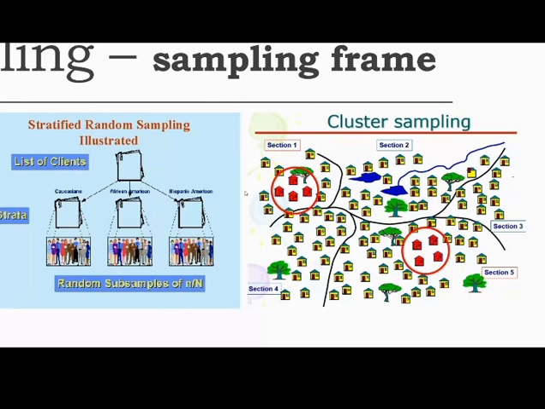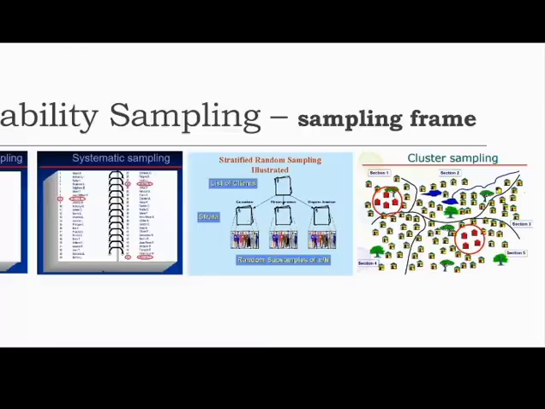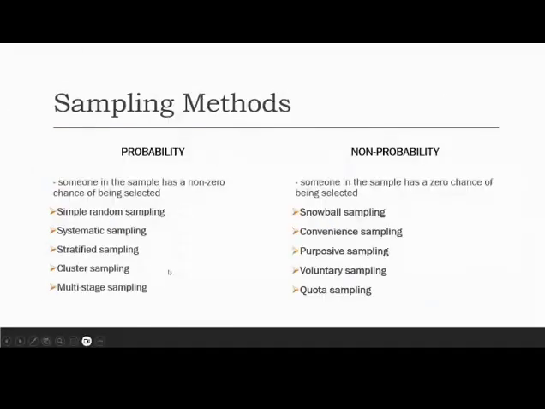Okay? So that's cluster sampling. Now, the multi-stage sampling, the one that you saw earlier, is this. From the word multi-stage, it means two or three of these sampling techniques can be used together.